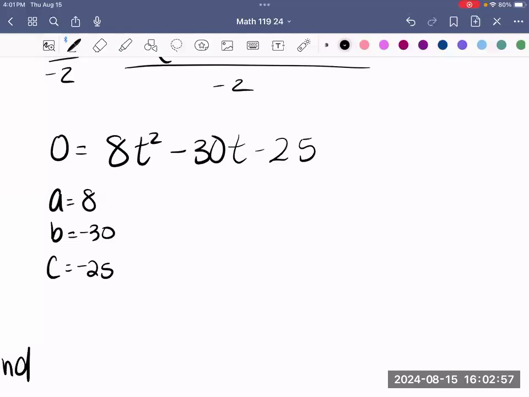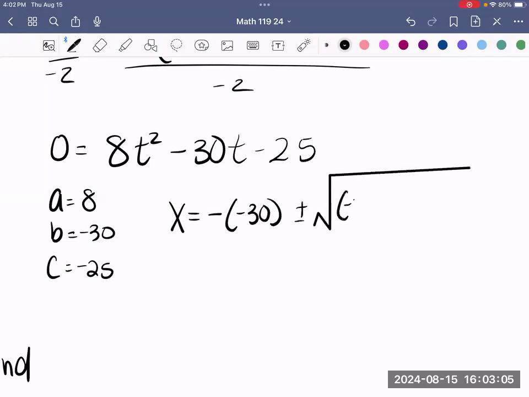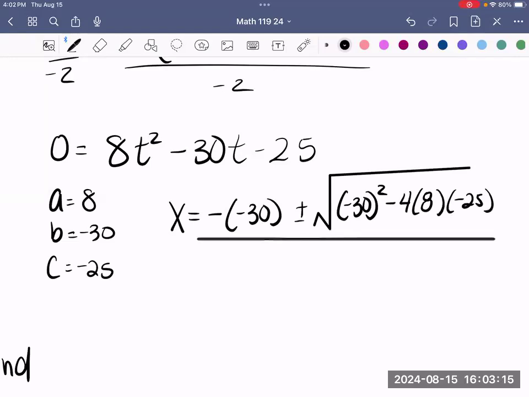So you have x is equal to -30 plus or minus the square root of -30 squared minus 4 times 8 times -25, all over 2 times 8. And if you're thinking, oh my goodness, these numbers are large, yes, they are large, but they are manageable.